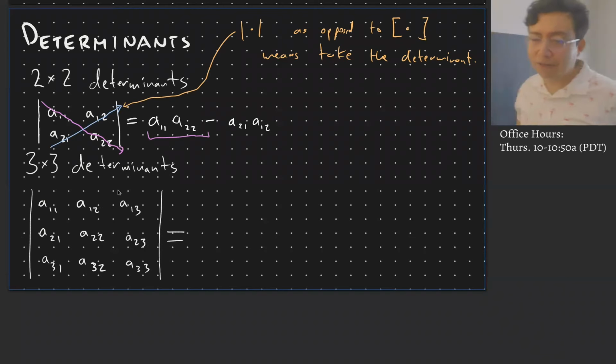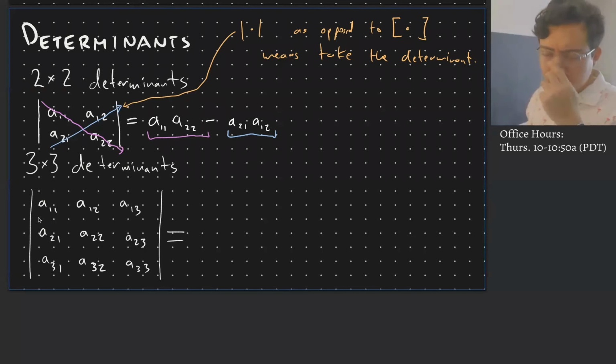Now over here, in the 3 by 3 case, things get even more tricky, right? I forgot to underline that. But over here, we have this big 3 by 3 matrix.